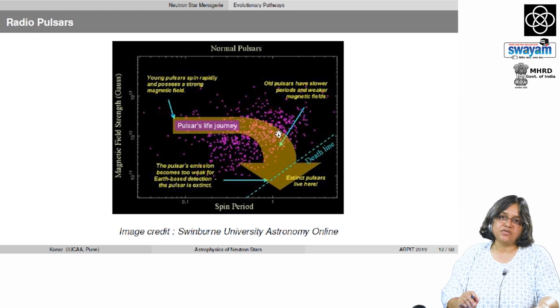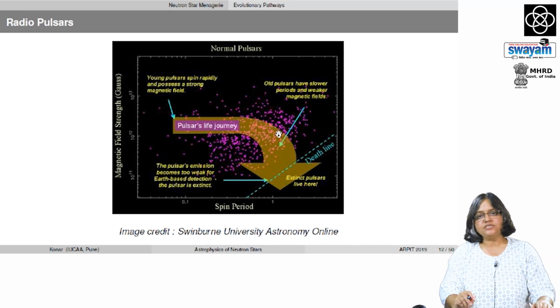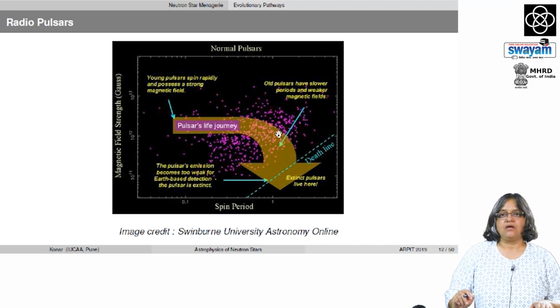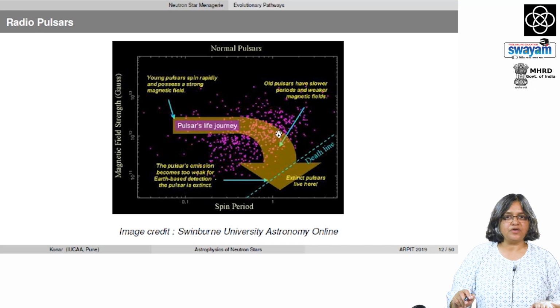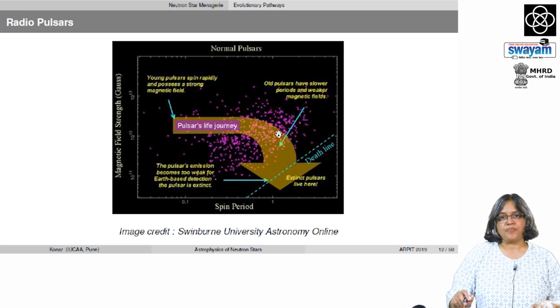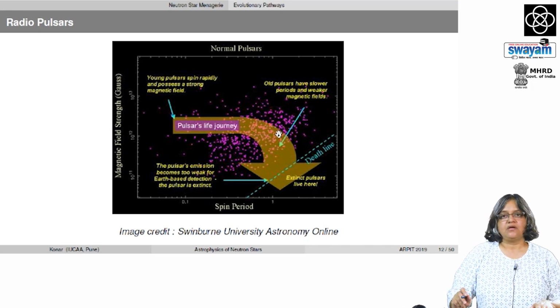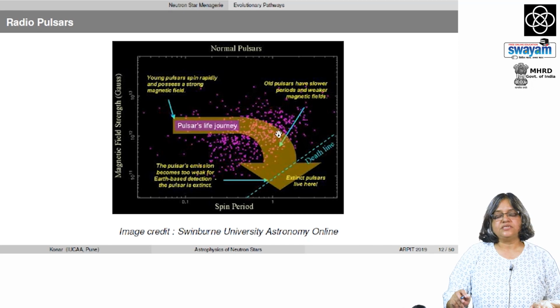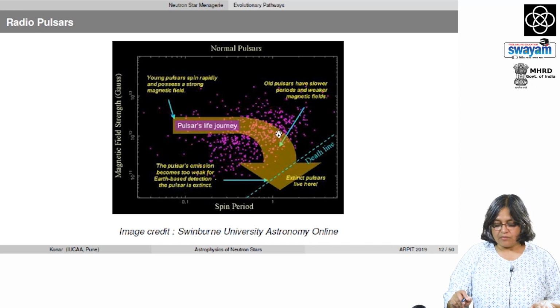the magnetic field decreases. Because if you recall, the radio pulsar emission depends entirely on the generation of a very strong electric field in its magnetosphere because of rotation and the magnetic field, that is, a strong magnetic field rotating generates a strong electric field, and that is what is responsible for the radio pulsar emission.